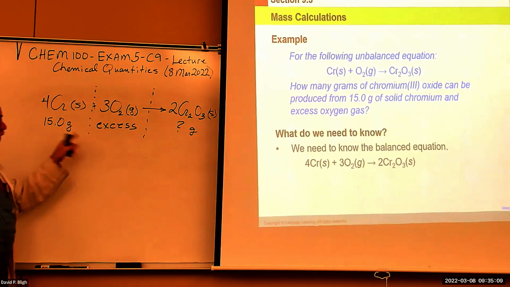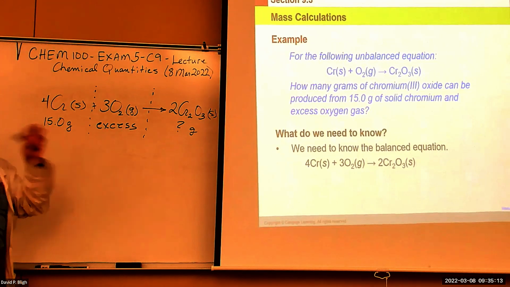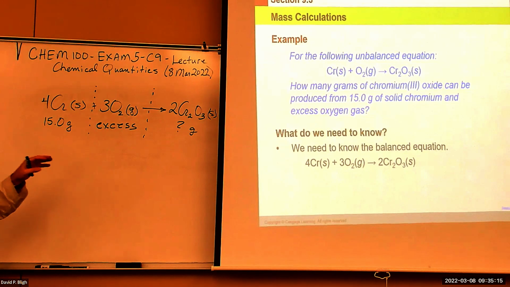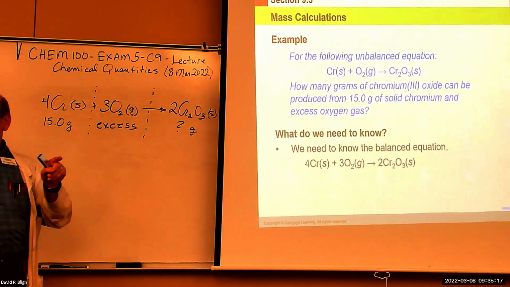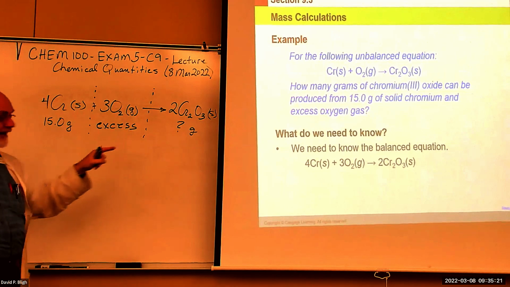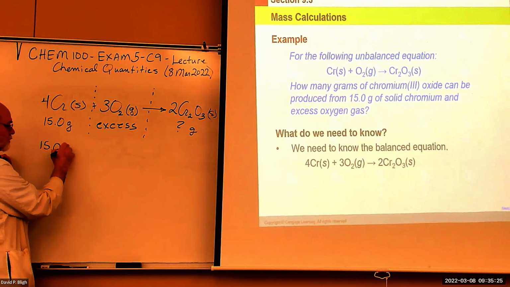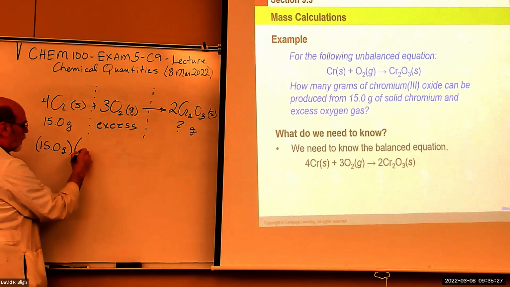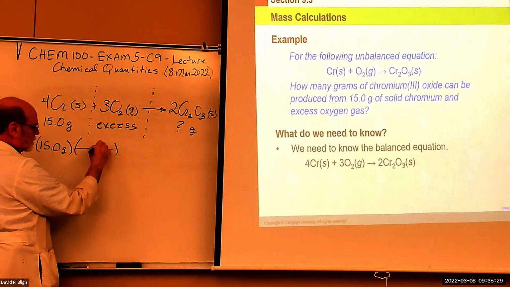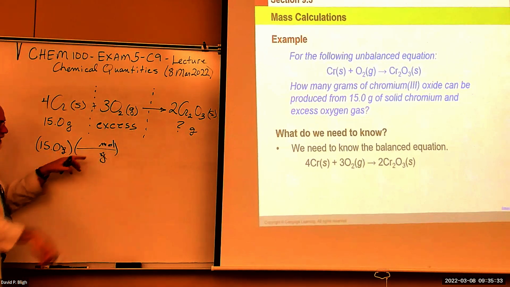You can't get over those walls or under those walls with mass or any other unit of measure, except moles. You've got to have moles to go anywhere in that equation. So we take this 15 grams and we have to convert it to moles. We know how to do that, right? Grams on the bottom cancel, moles on the top.